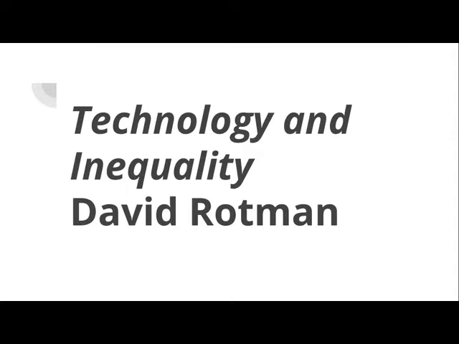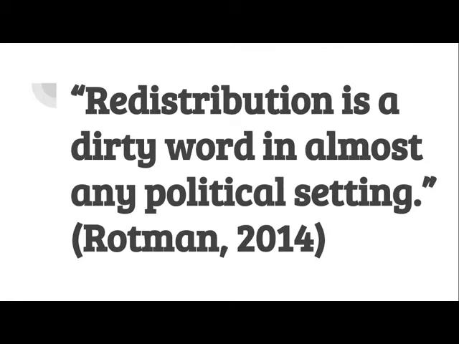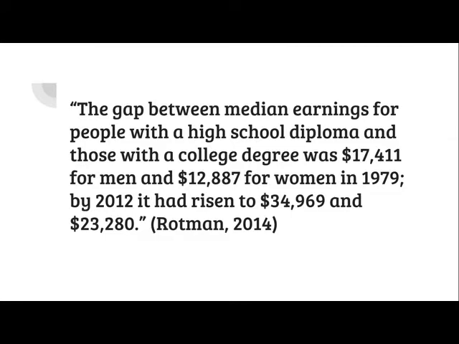The second idea claims that the actual cause of the problem is technology, and the way to solve it is through education. Actually, Rotman prefers the second idea, and he just doesn't like the idea of redistribution. Like you can see here, it's a dirty word for him.